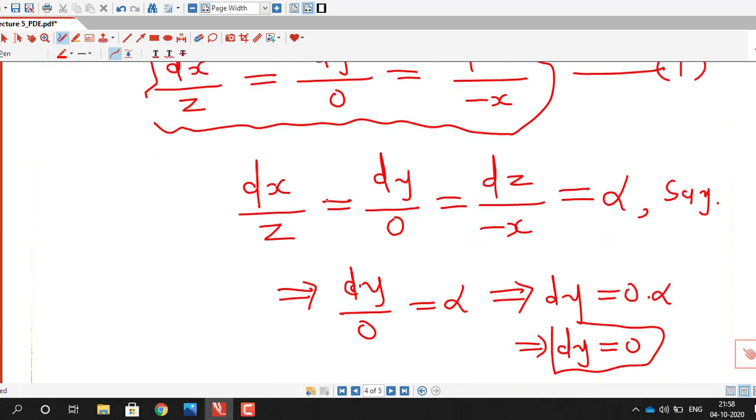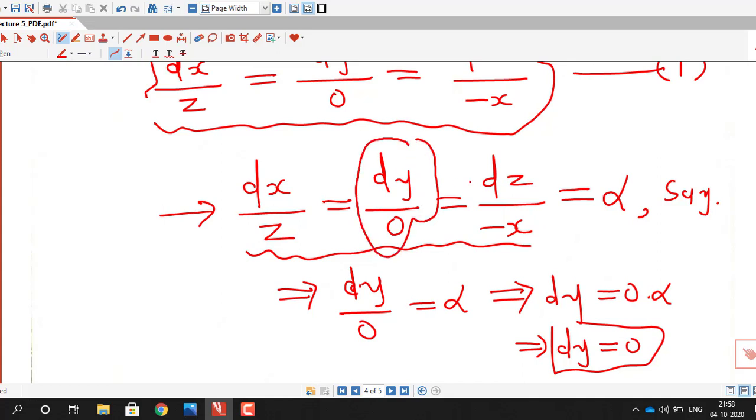And the logic behind this is given by this. We can assume that suppose all fractions are equal to alpha, that means each fraction is equal to alpha. Dx upon z is alpha, dy upon 0 is alpha, dz upon minus x is alpha. So I obtain dy upon 0 equal to alpha, that is dy is 0 into alpha which is 0.